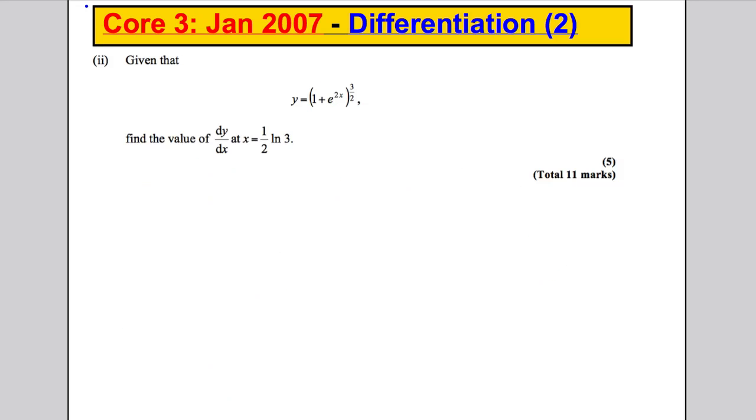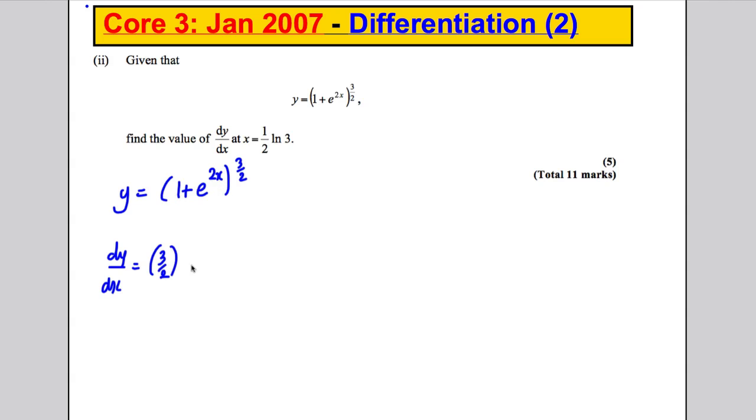Next part, you're given a new function and you're asked to find the value of dy by dx at x is a half ln 3. So you're finding dy by dx. Notice dy by dx can be found by the chain rule. So y is 1 plus e to the 2x all to the 3 over 2. dy by dx, you can bring down the 3 over 2.